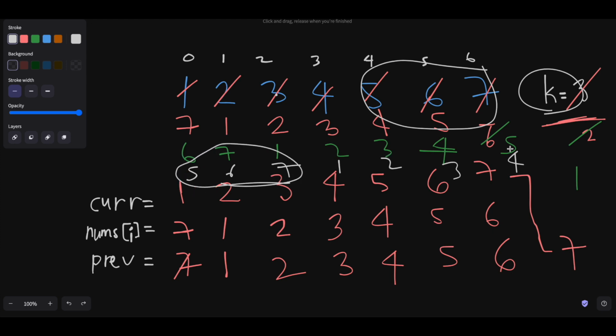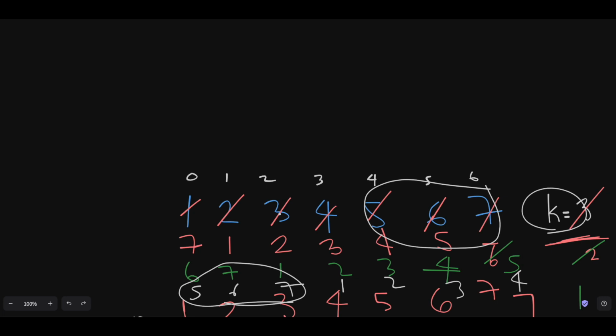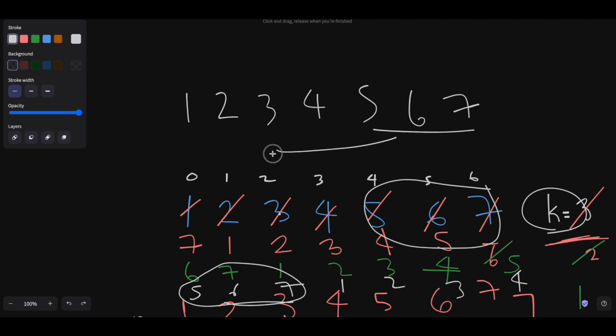Then all the remaining numbers got shifted to the right. So let's do that again. We have these numbers 1, 2, 3, 4, 5, 6, 7. When we rotated, these 3 get placed in the beginning, right? And then these get placed on the right side. And these maintain order.